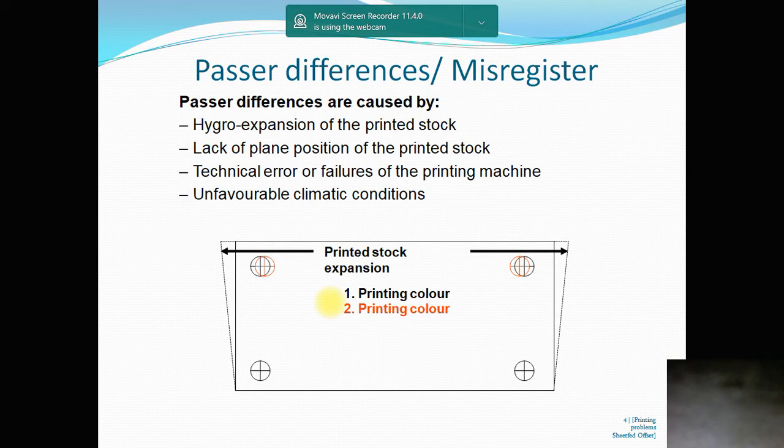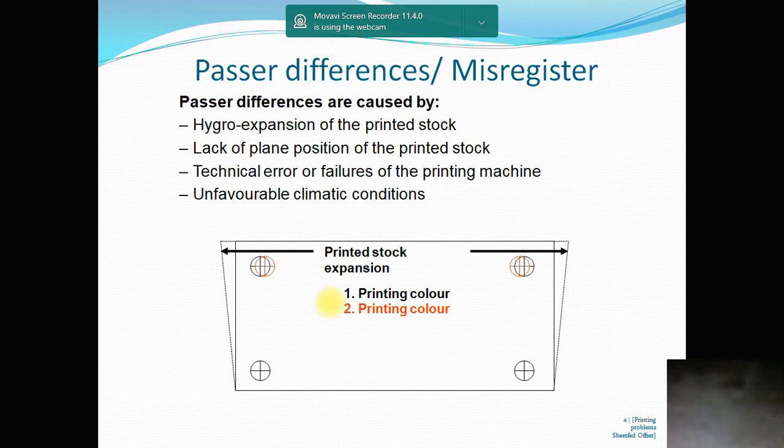So after completion of the first print, the printed stock, that is the substrate, may get expanded due to certain reasons, because of the climatic conditions, or because of the moisture taken from the blanket and the solvents used in the inks, or because of all these reasons, the stock or substrate may get expanded.